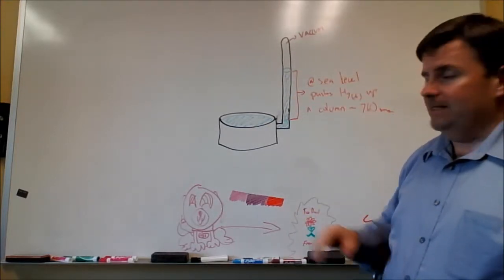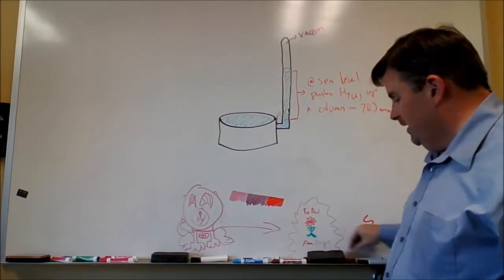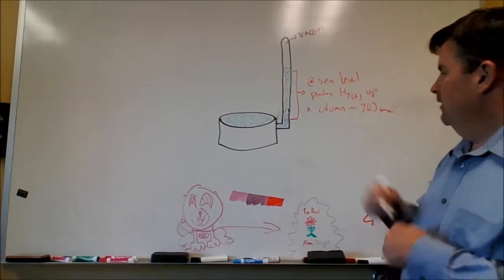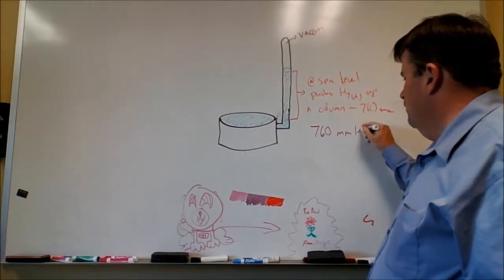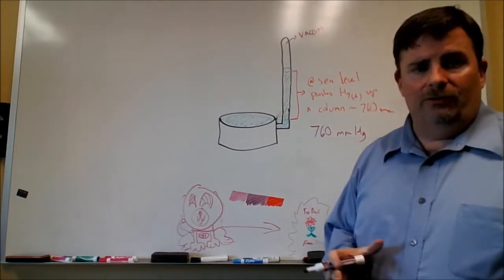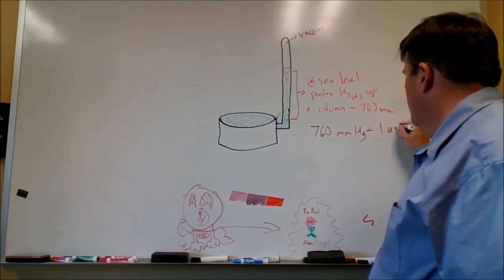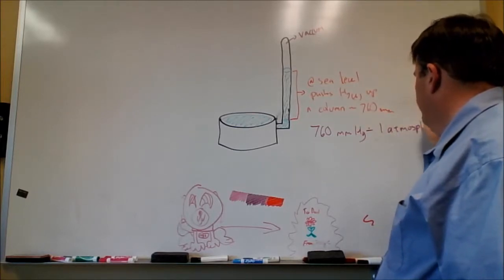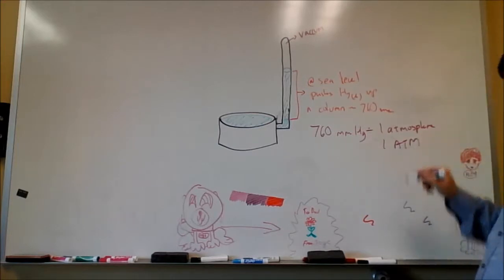Okay? And this distance is how much pressure we've got. And what we've noticed is that as we measure this, we give 760 millimeters of mercury a basic rating as 1 atmosphere of pressure, or 1 atm of pressure.